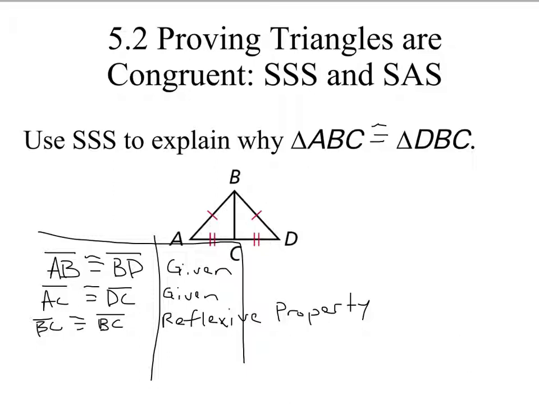Notice that each statement on the left has an argument on the right as to why that is true. AB is congruent to BD because that's given. AC is congruent to DC because it's given. BC is congruent to BC because of the reflexive property. If I split this into two triangles, ABC and DBC, I'm just going to give you a little visual here.